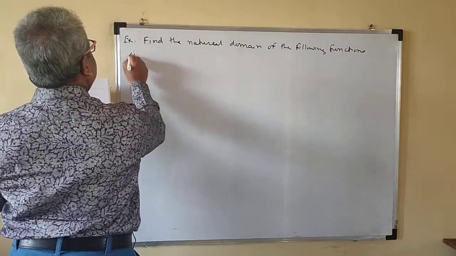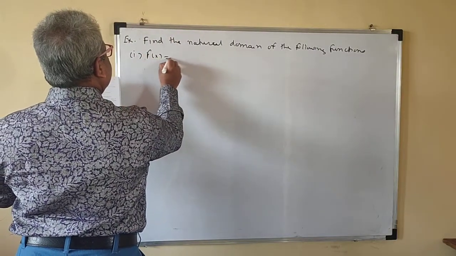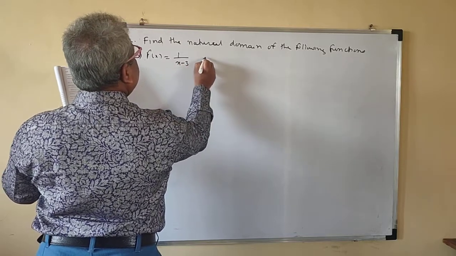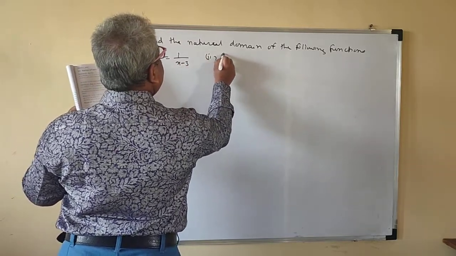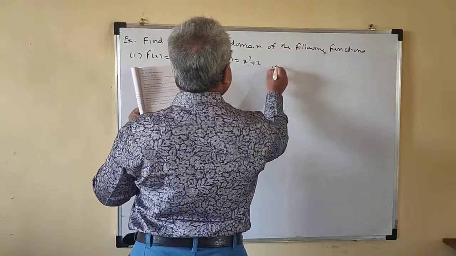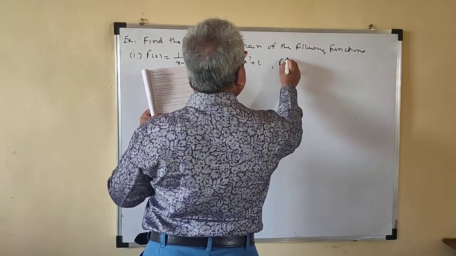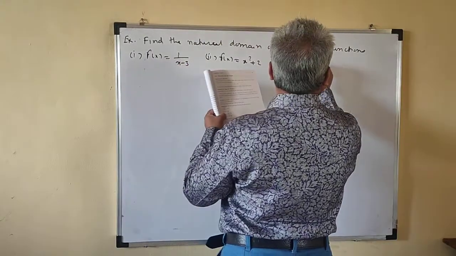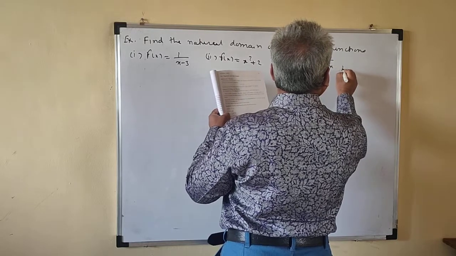First, f(x) = 1/(x - 3). Second, f(x) = x² + 2. Third, f(x) = √(1 + 6x).